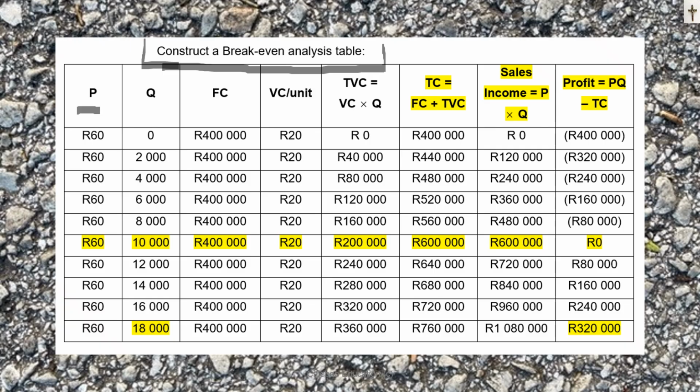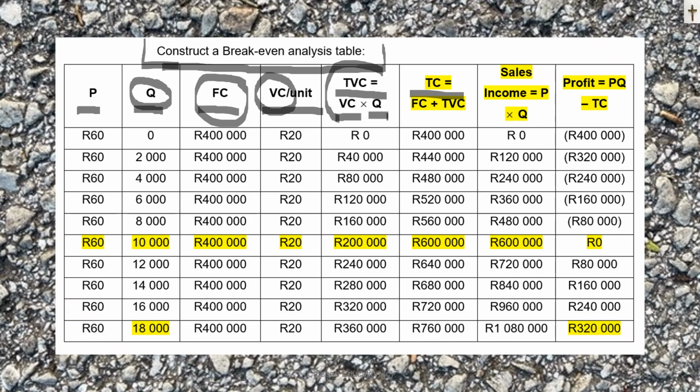We have the price of a lever file, quantity produced, fixed cost, the variable cost per unit, and total variable cost, which, as I mentioned before, is variable cost multiplied by quantity. Total cost is equal to the fixed cost plus the total variable cost.